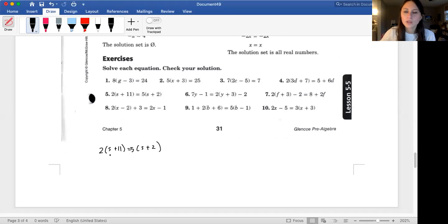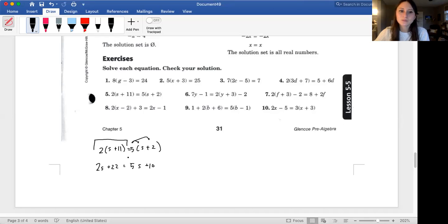When we're working out a problem or an expression that's on one side of our equal sign, you're really just simplifying it. So in this case, I'm going to make this 2s plus 22. And then in this case, I'm going to make this 5s plus 10 because I'm distributing it into my parentheses. So I'm doing the same thing on both sides where I'm distributing.